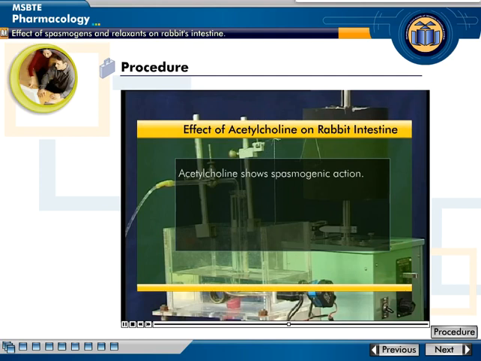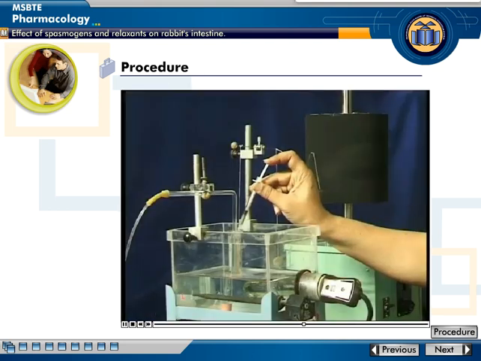Allow the preparation to relax by rapidly washing with fresh quantity of Tyrode solution to wear off the effect of acetylcholine. Record normal pendular movements.